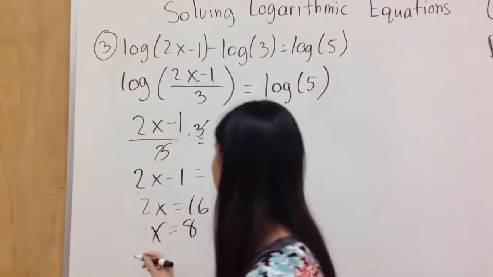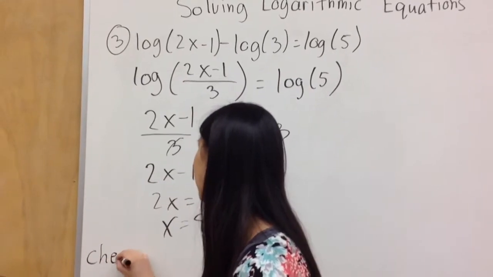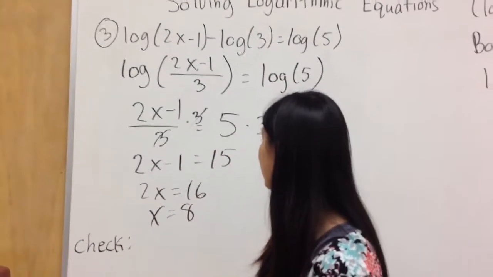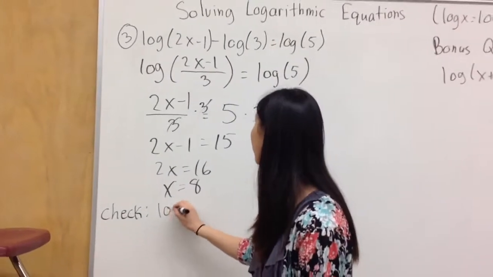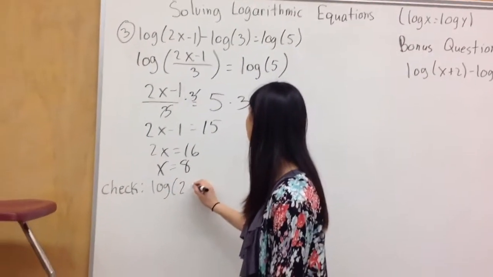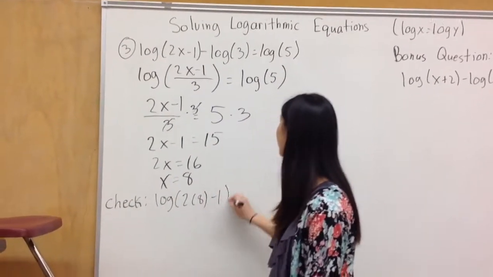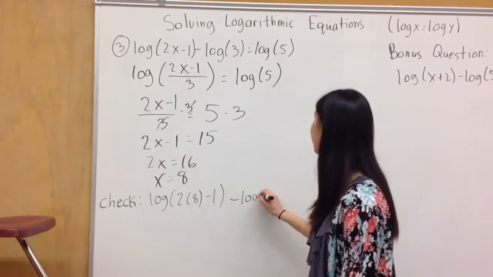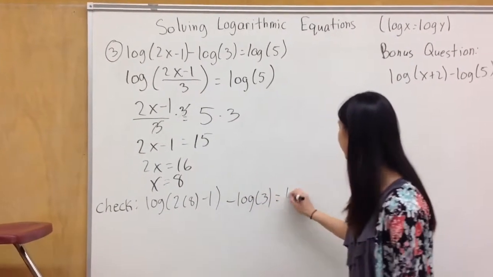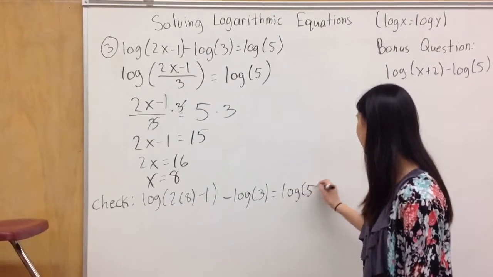So let's go ahead and check it. So let's see, we're working with log of 2 times 8 minus 1 minus log of 3 is equal to log of 5.